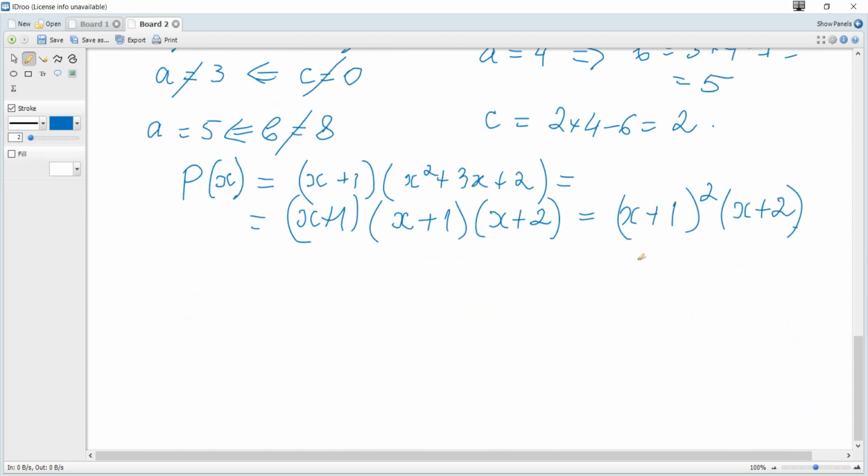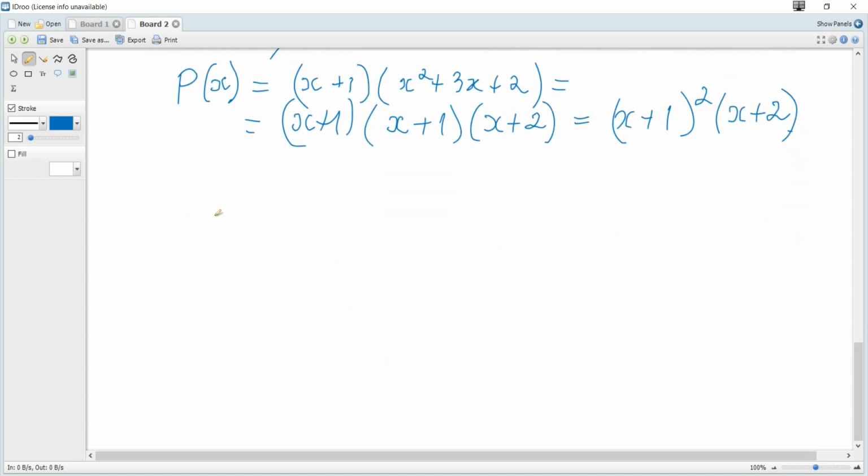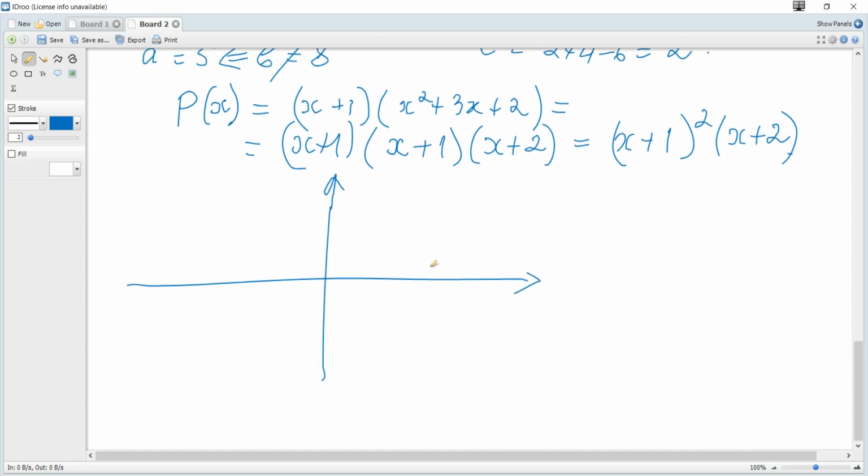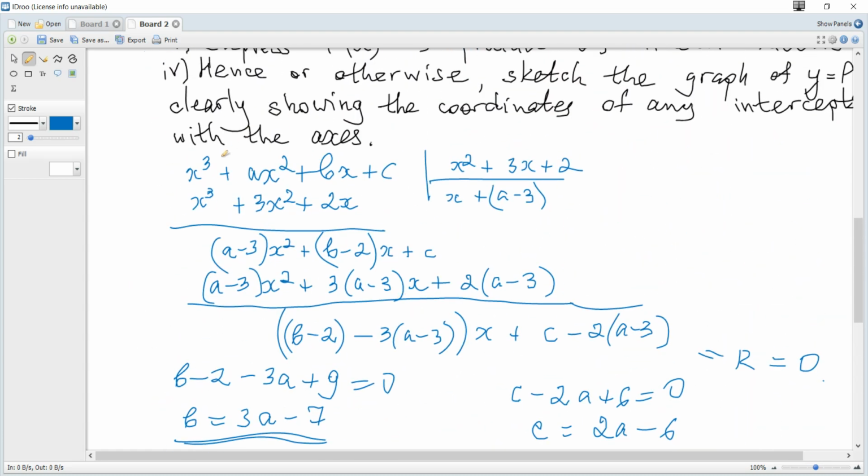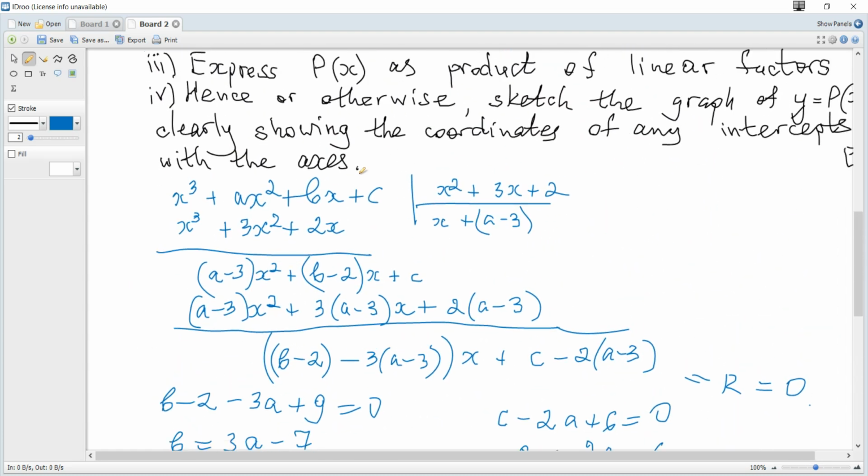So we need to plot a graph of this function, and since it's a polynomial of degree 3, if we consider the greatest power, we can see when x tends to plus infinity, it's very large positive, y also tends to plus infinity.